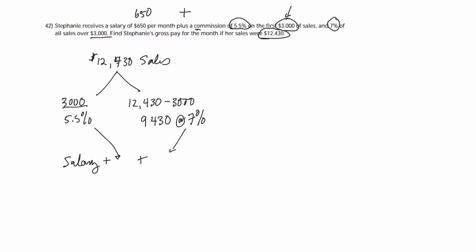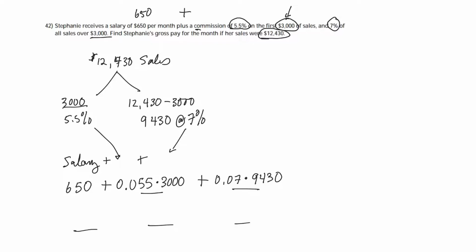So her salary is 650 plus, so 5.5%, I have to write that as a decimal, 0.055 times 3,000 plus 0.07 times 9,430. So multiply both those and then add all those three numbers up, and that'll give you her gross pay for that month.